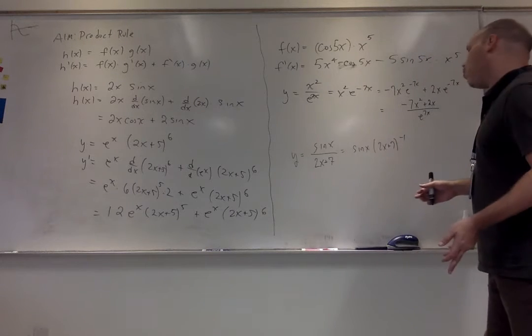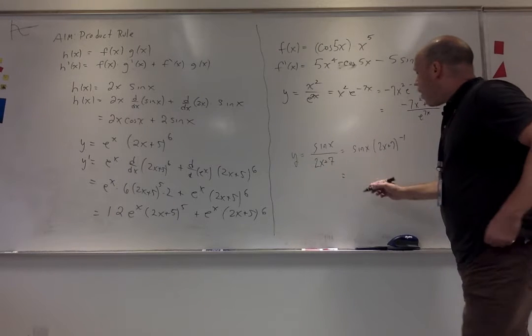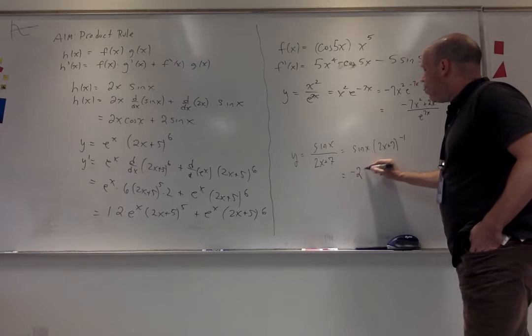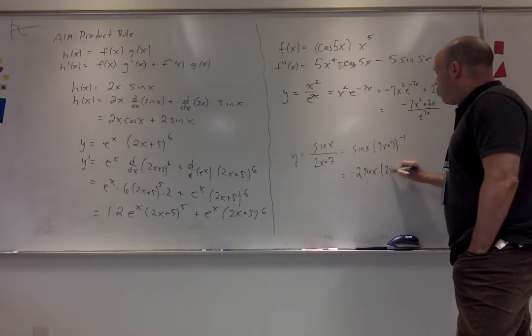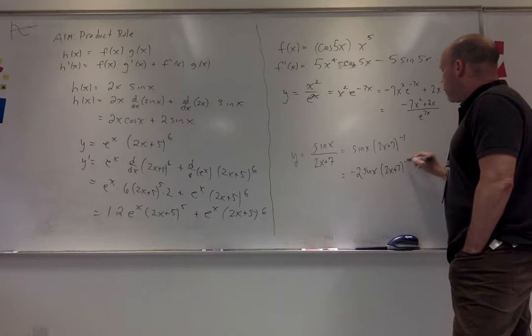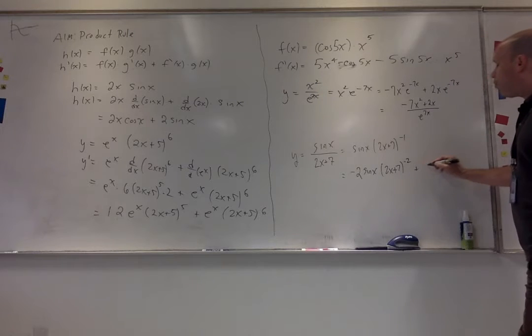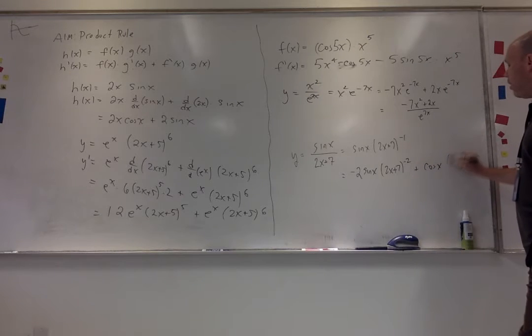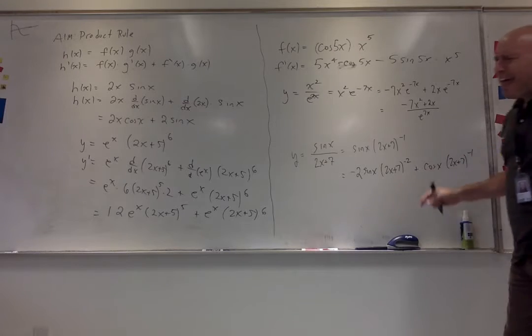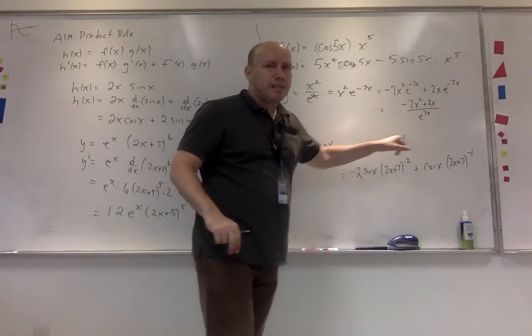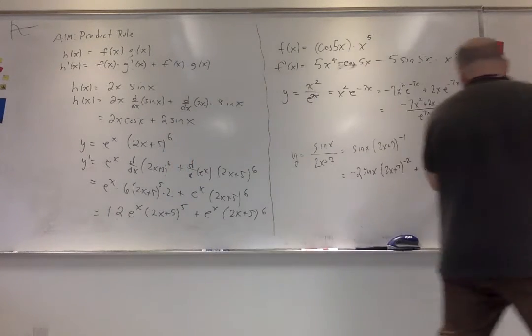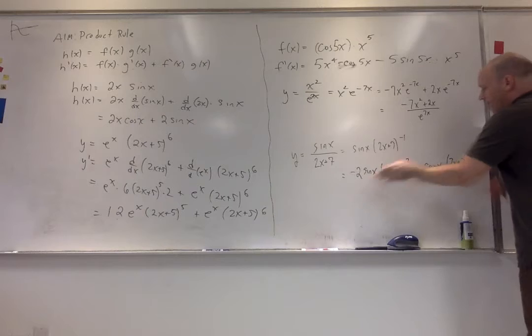You have the product rule, so the answer is negative 2 sine x (2x plus 7) to the negative 2 plus cosine x (2x plus 7) to the negative 1. And then it just gets tedious. You just have to know how to manipulate. Make sure that you know how to manipulate this. Bring this down and then bring it together.